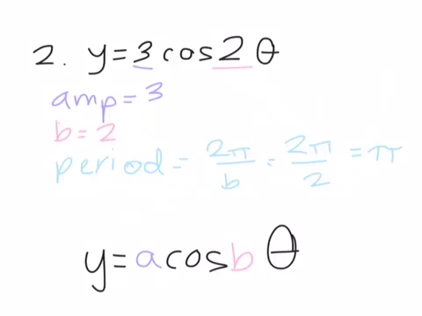This is the general formula for a cosine function, and it's also for a sine function. It changes depending on if you have a phase shift or a vertical shift, but this is just the general function. A is the amplitude and B is what you plug in to get your period. That's typically what you use B for, I believe.